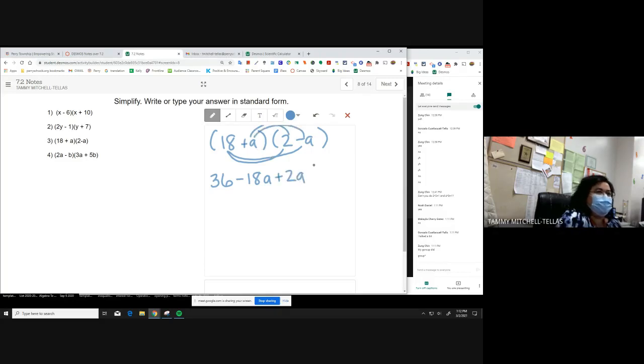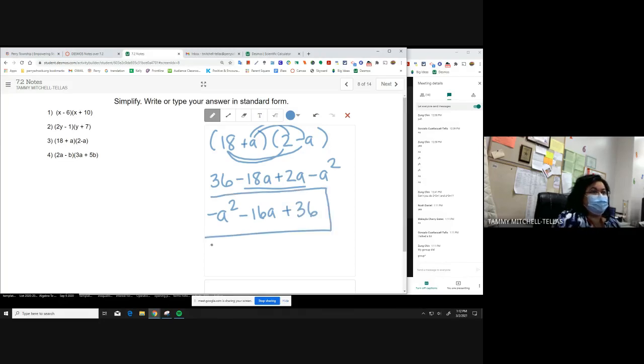And A times negative A is negative A squared. And then I just have to add the middle. So 36. And actually, honestly, it would be better to put this in standard form. So negative A squared. These two would be negative 16A and then plus 36. I like that better than it turned around. Standard form is better than not. So I just added the 2 in the middle.